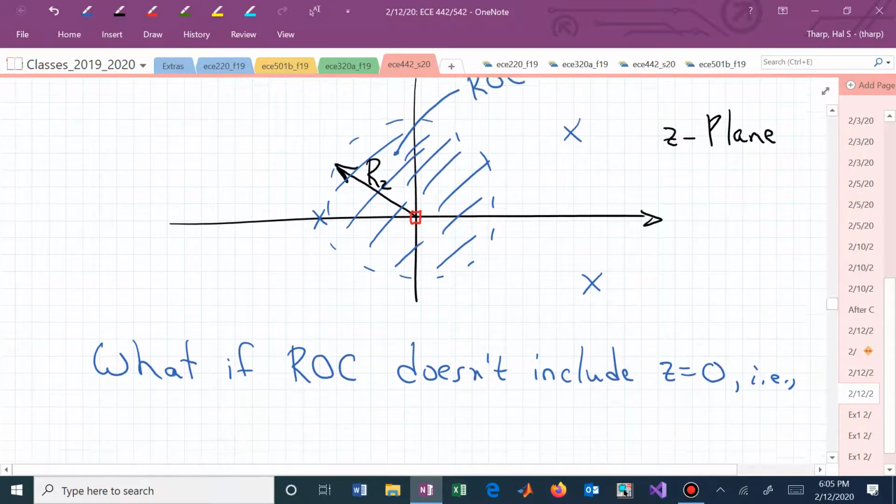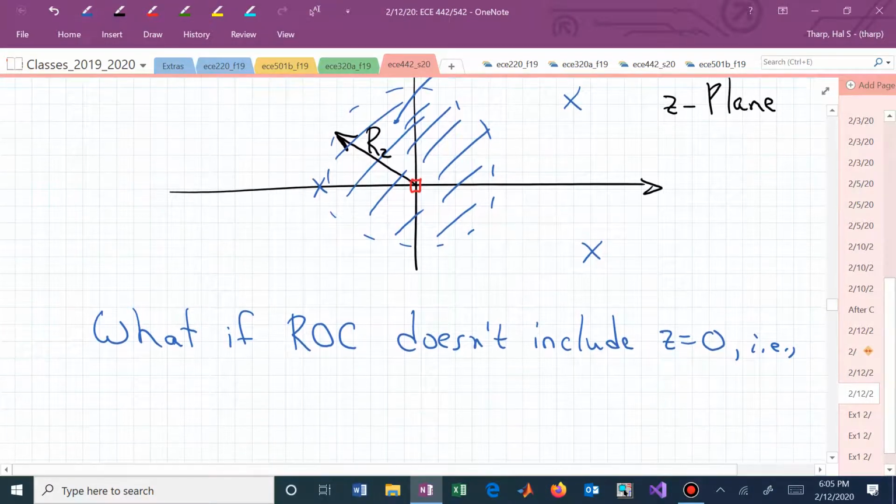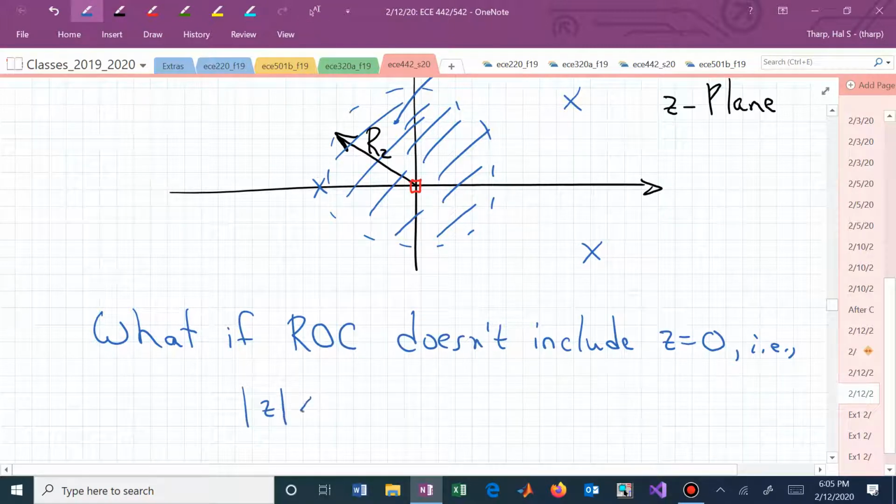Now, how would we write this in terms of an inequality expression in terms of the magnitude of z? Before, we could have said z is less than some, in this drawing, r sub 2. That's pattern 2. The modification says we need to also bound z away from 0.